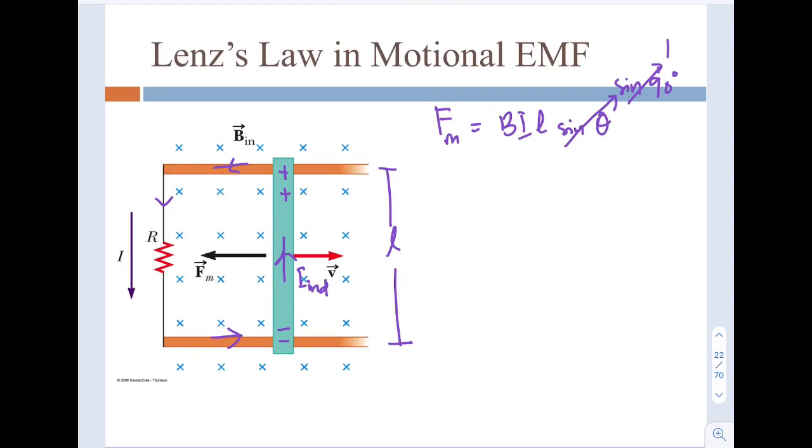For the direction of the FM here, place your index finger along the I, which is to the top of the conductor, and the rest of the 4 fingers into the page. Your thumb is pointing to the left. That is how we know this direction.